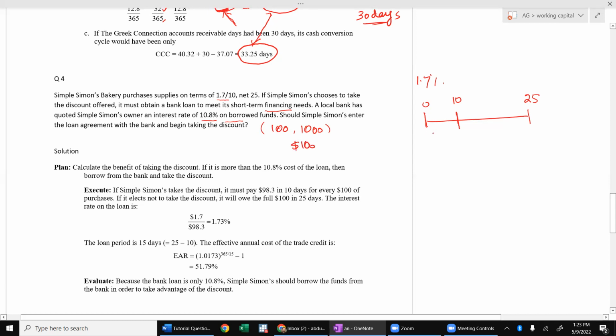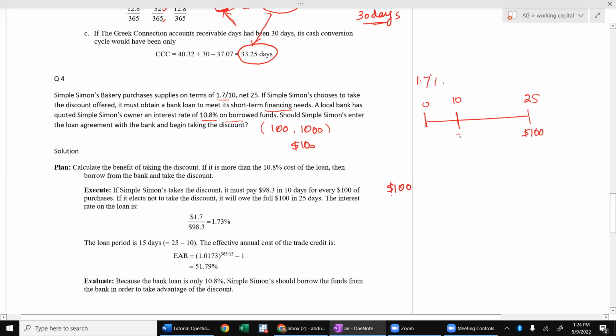You made a purchase of $100, and if you pay the $100 in 10 days, you will get a discount. But if you do not want the discount and pay on the 25th day, you will pay the full $100.